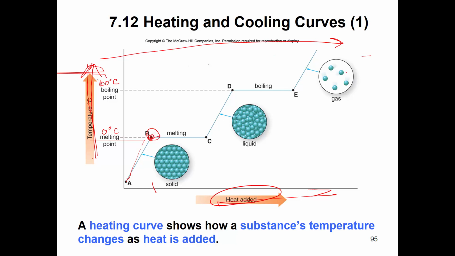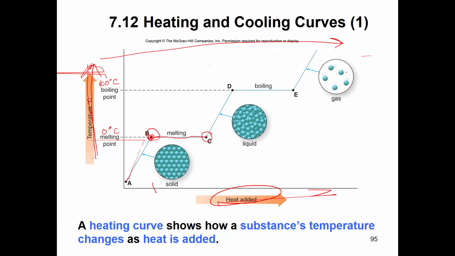And at that point, this substance is going to stay at that exact temperature no matter how much more heat I put in. I could crank it up, put the Bunsen burner on, fire it up with a torch. It is not going to change the temperature until all of it is melted.